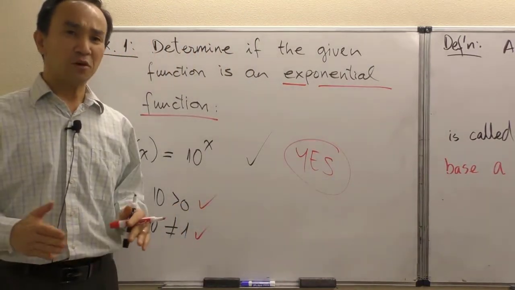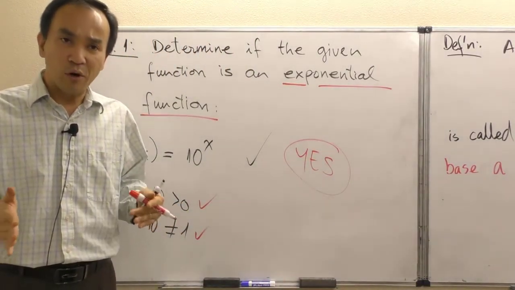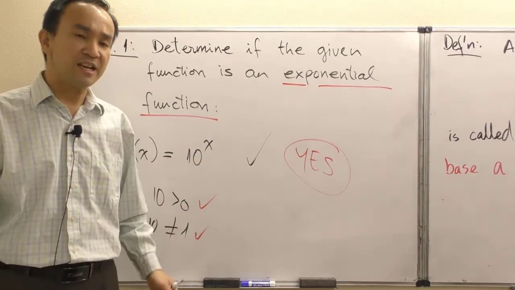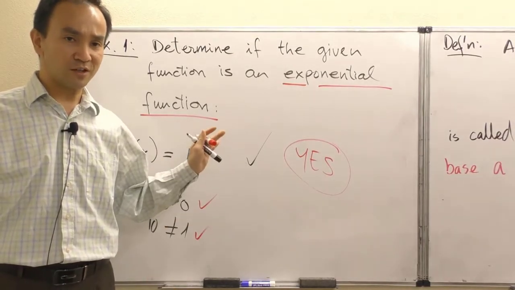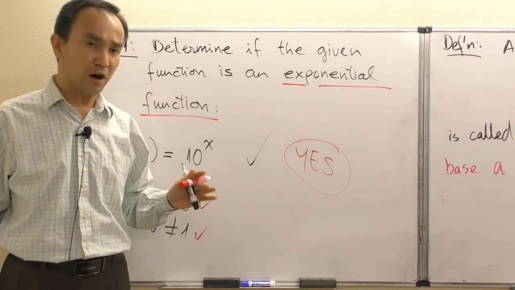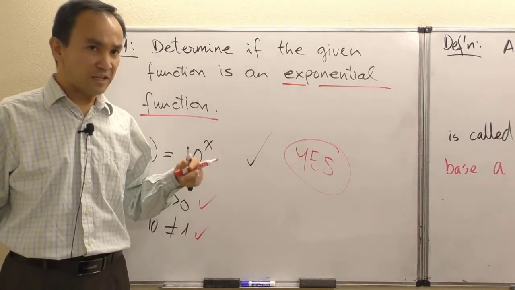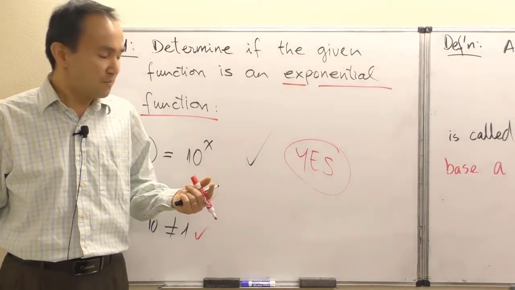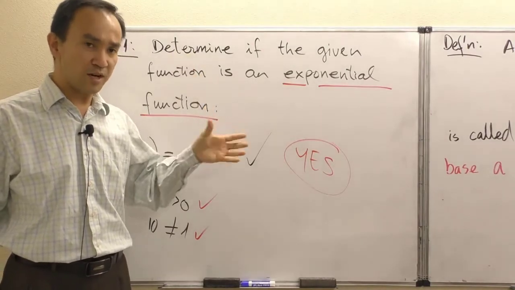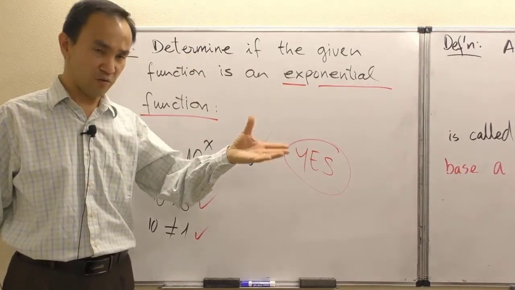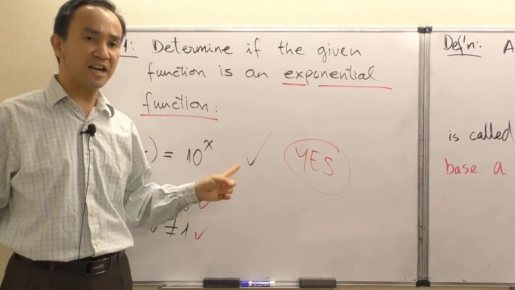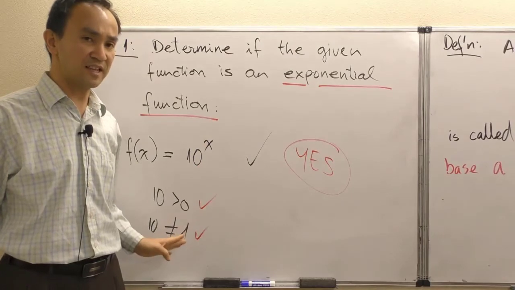And in practice, if you are on an assignment, and this is not only for my class but for any class where you start learning about exponential functions, there will be a problem here and there among your assignments, from the textbook or as an online assignment, like this problem right here, where a whole bunch of functions is given and you must decide which among those is defined as an exponential function. This is how we check for that.